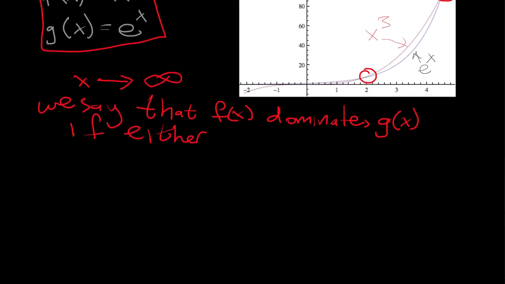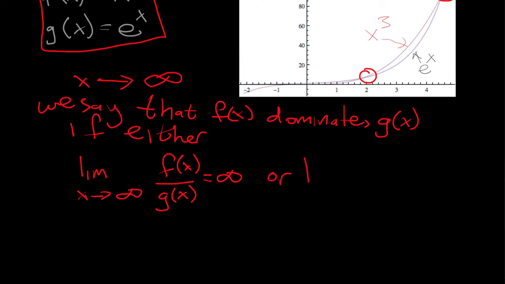Either the limit as x goes to infinity of f of x over g of x is equal to infinity, so that means that the top is getting bigger faster than the bottom is, or the limit as x approaches infinity of g of x over f of x is equal to 0.